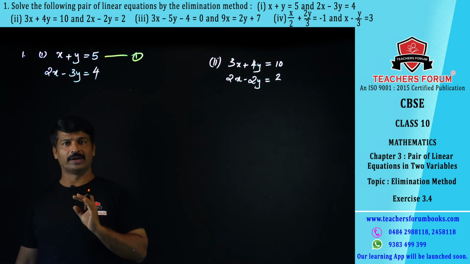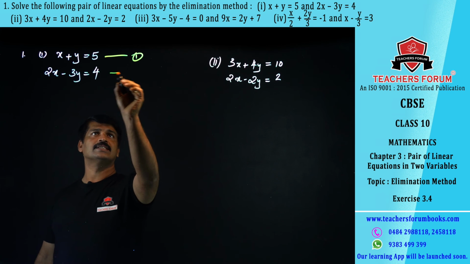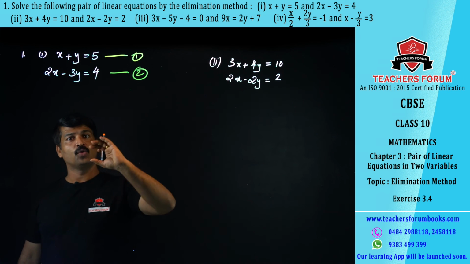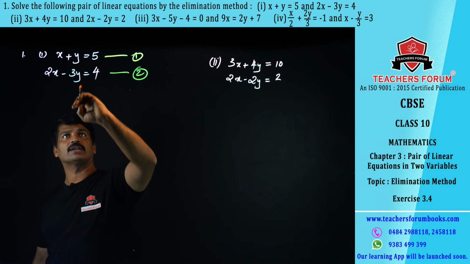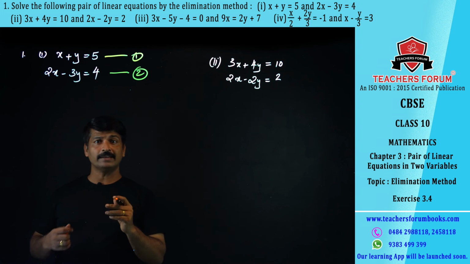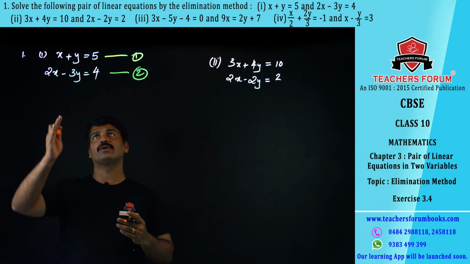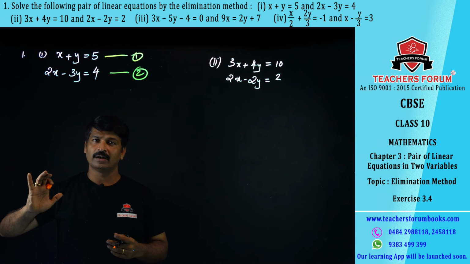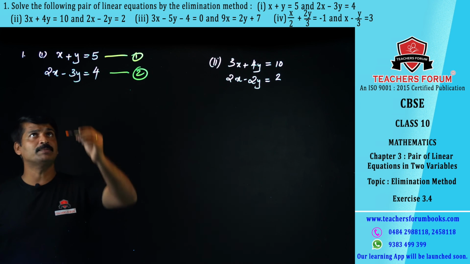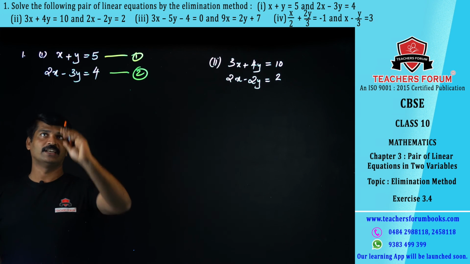They are not equal. So here we have to make the coefficient of x equal, or we have to make the coefficient of y equal. Clear? You can do this in either way. Now let us make the coefficient of x equal in this problem.